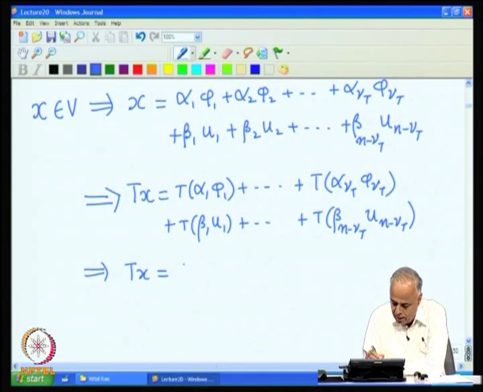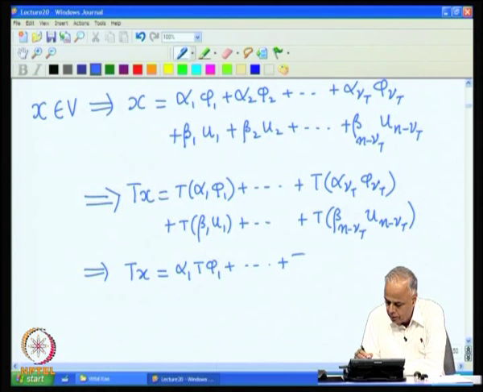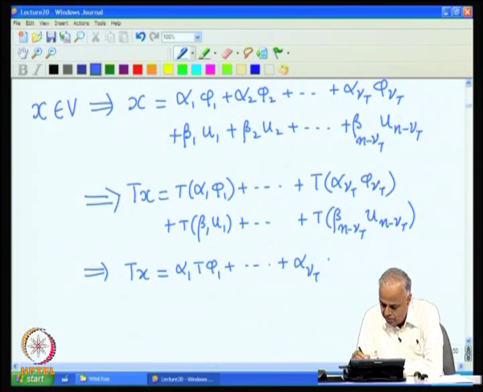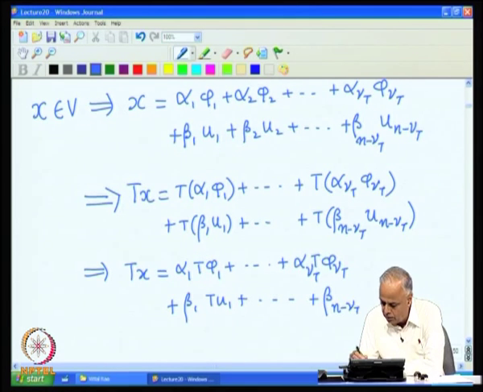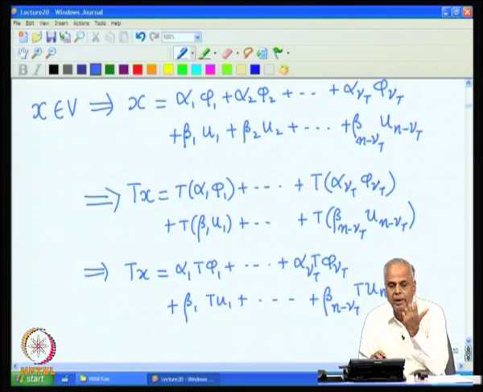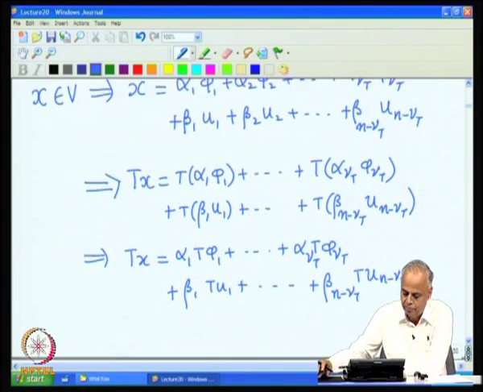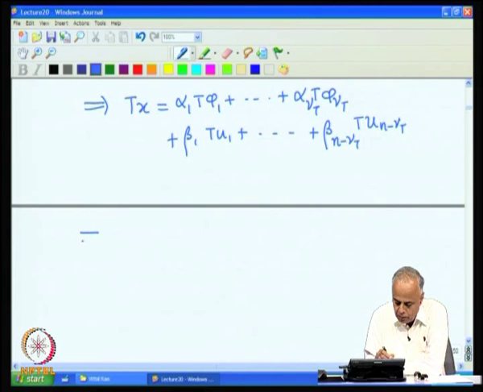So, pulling out all the scalars, we finally get alpha 1 T phi 1 and then alpha 2 T phi 2 and finally alpha nu t T phi nu t plus beta 1 T u 1 plus beta 2 T u 2 plus beta n minus nu t T u n minus nu t. So, T x for any vector x will have this form, which means the following.